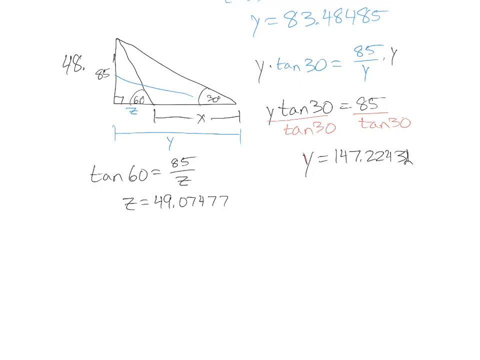All right, so how do I find x then? If you know that number, you can. 147 minus 49. Yeah, you take the whole side, y, subtract z, and that should give you x, shouldn't it? Yeah, subtraction, please.